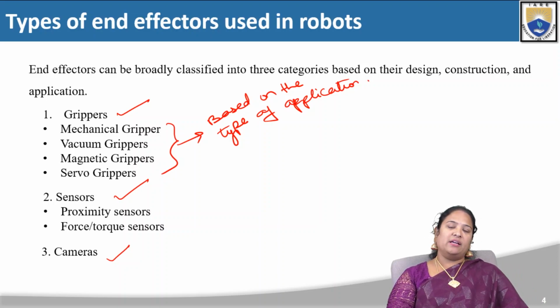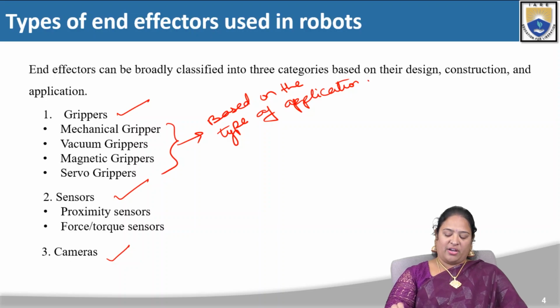When you take a mechanical gripper, as I've told you, generally they are used in automobile industries, or in large scale industries where material handling needs to be done. There we generally use a mechanical type of gripper.